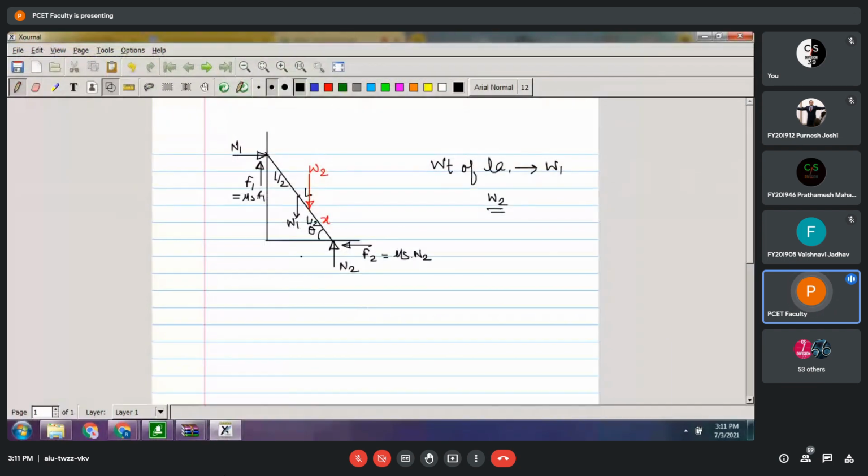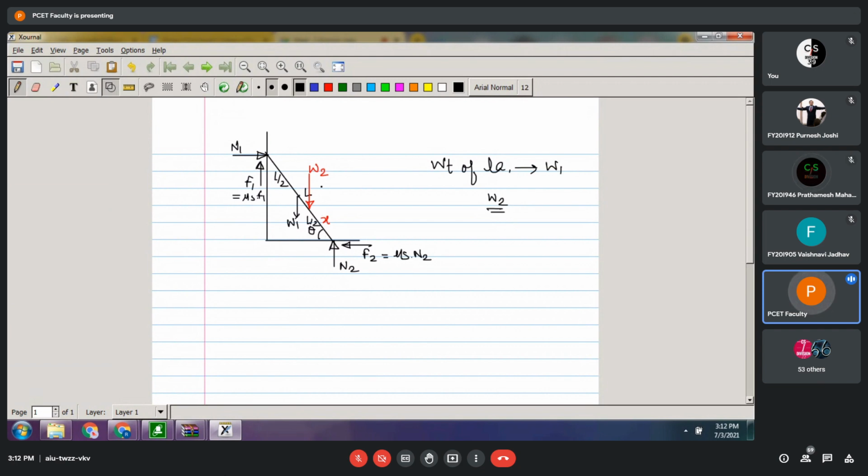Now you can see that as your member has length L, W1 is acting at L by 2 from top or even from bottom. W2 is the weight of that person who will be able to climb on this ladder up to X meter safely. Once that person climbs and crosses X meter by even a small amount, what will happen to this ladder?